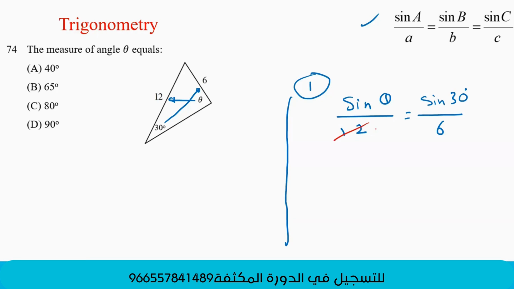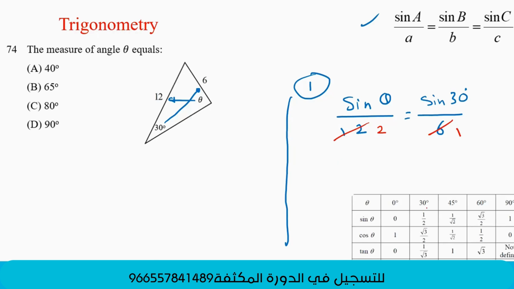So this is going to be 2, this is going to be 1. If I ask you what's sine 30, sine 30 is 1/2, isn't it? So let me just plug in 1/2 for this one. So this is going to be sine theta over 2 is going to be 1/2.